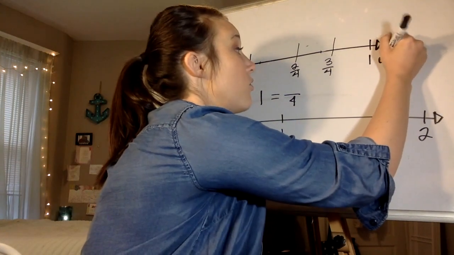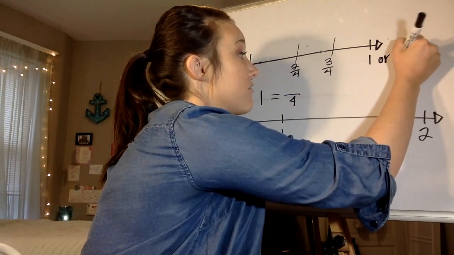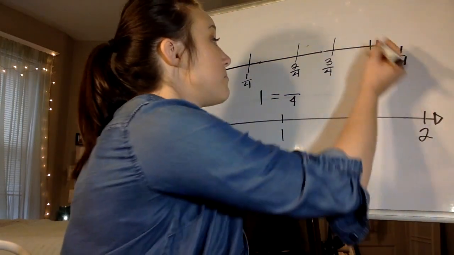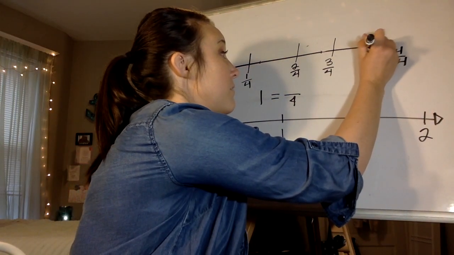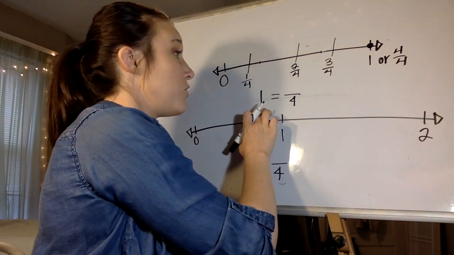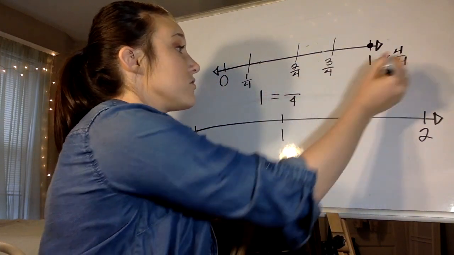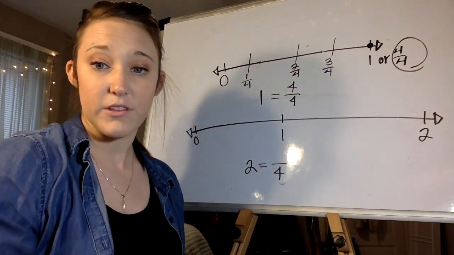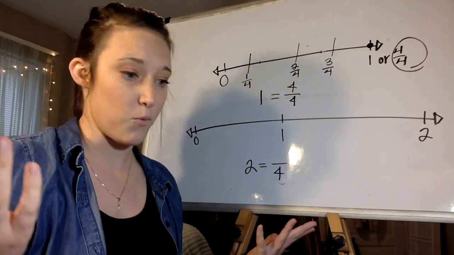It's 1 whole or 4 over 4. So I'm going to put a plot right here above the 1 because I know 1 equals 4/4. So that's part 1.